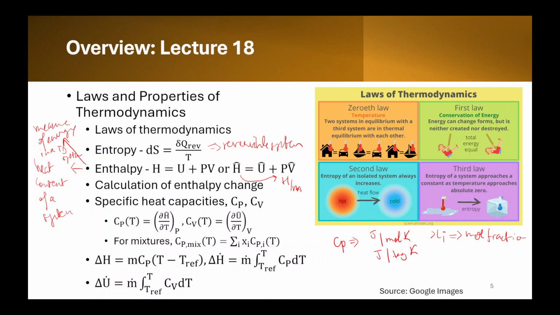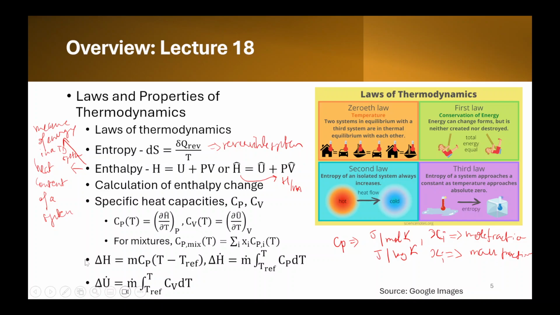And if it is expressed in joule per kg Kelvin, then Xi will be expressed as mass fraction. I hope this is clear.